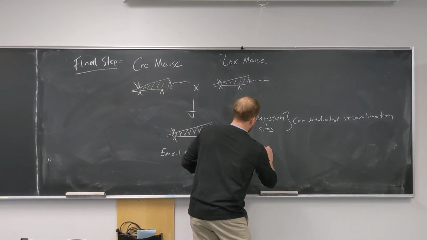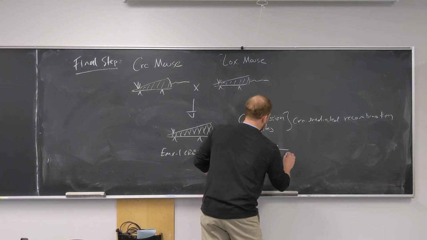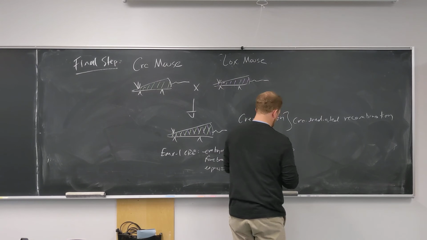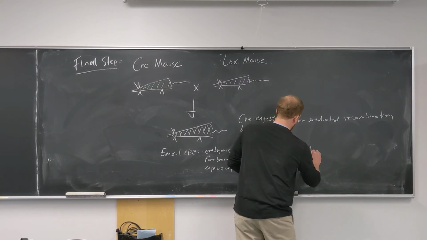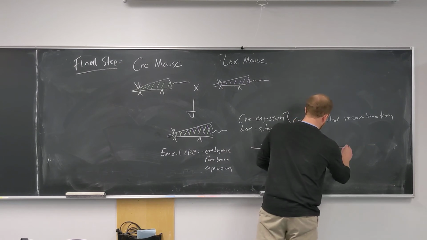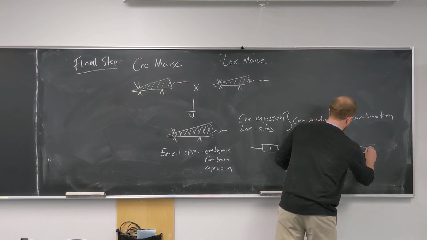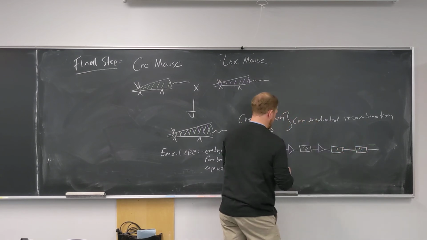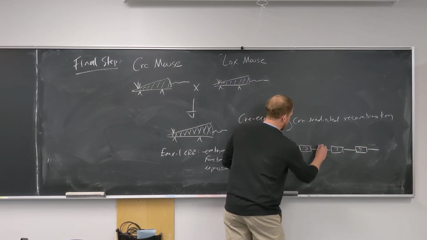So again, what does that look like? Well, this was kind of our LoxP mouse. Exons 1, 2, 3, 4. Here are our Lox sites here.